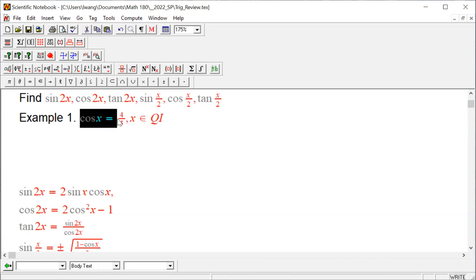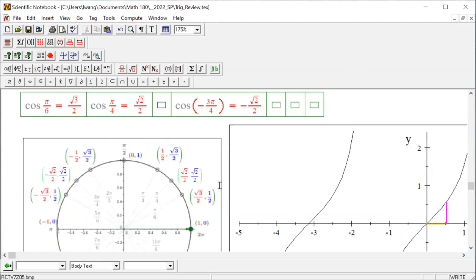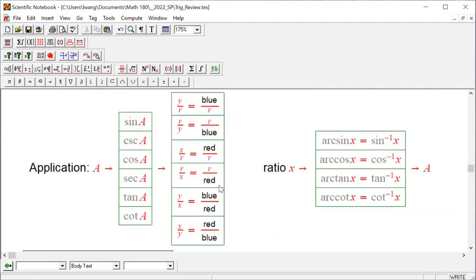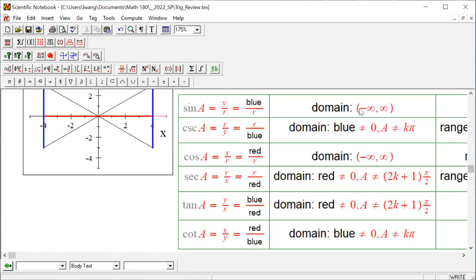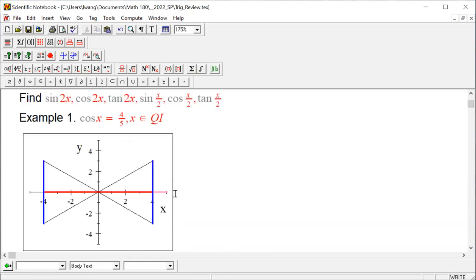We have cosine x, and we know the angle terminates in the first quadrant. So let me use one of the pictures that we drew in the previous class, right here. We need to make some adjustments because in this case the terminal side terminates in the first quadrant, so we don't need the other ones.